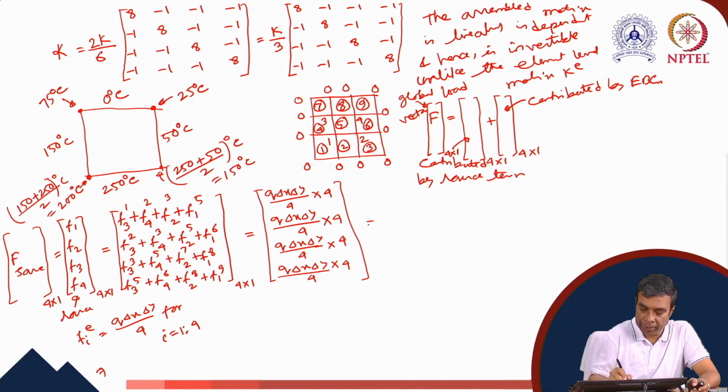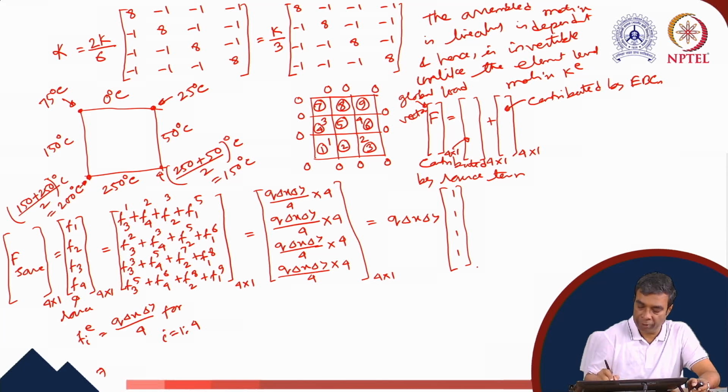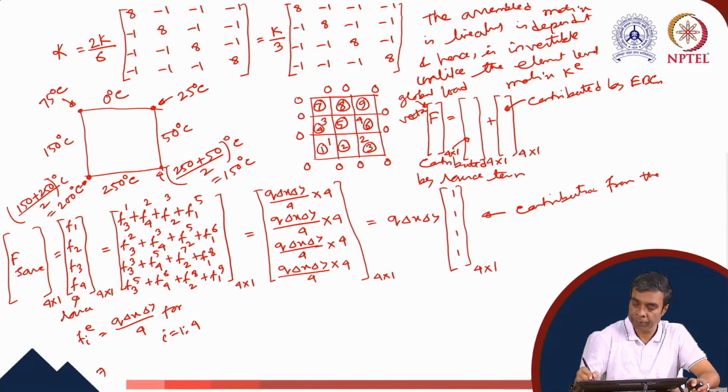So this becomes Q into delta X delta Y times the vector 1 1 1 1. This is a 4 by 1 vector. So this is the contribution from the source term.